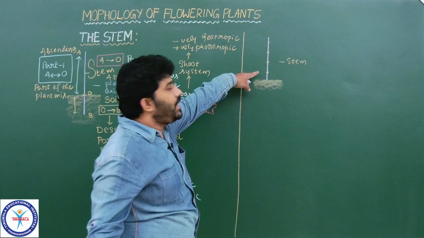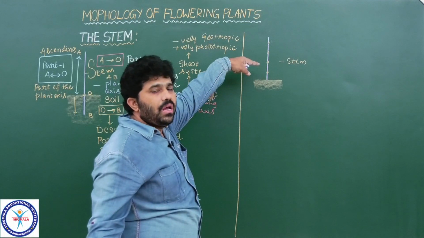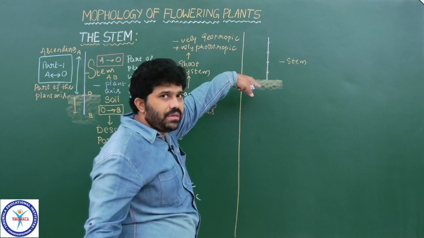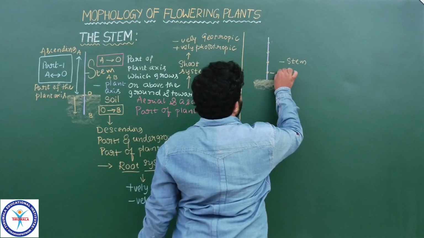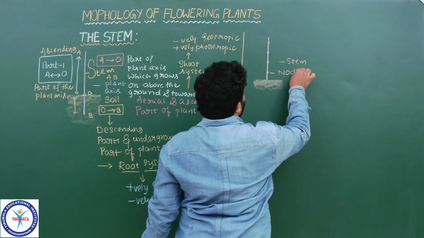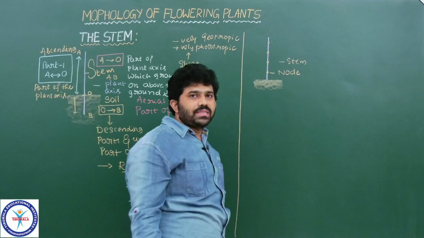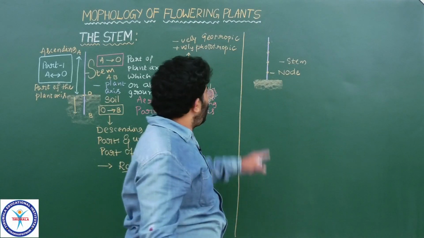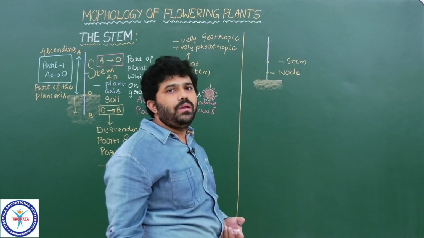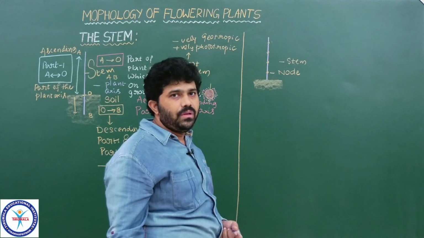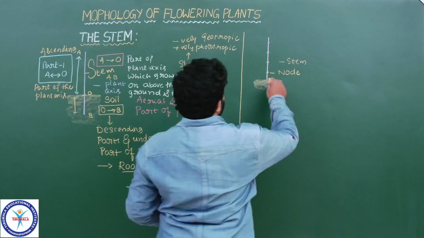All these points or regions which I am drawing on the stem part of the plant axis are called nodes. What a node is, we already discussed. A node is a region from which generally the leaves are born, developed or arise.